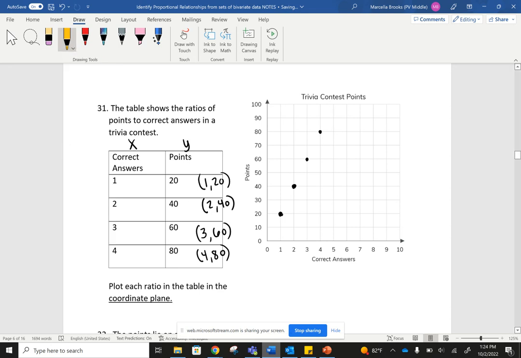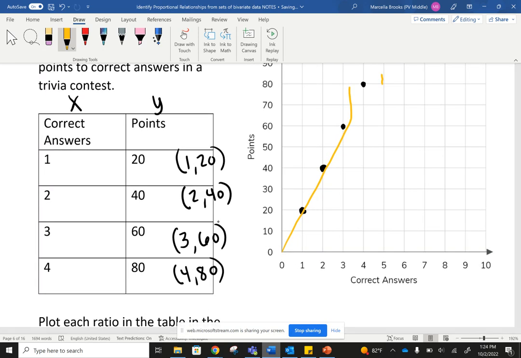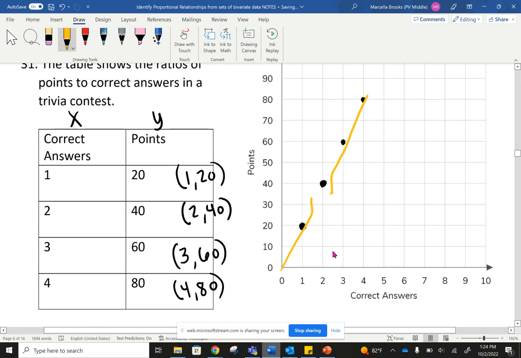So I would recommend using a ruler for this part because otherwise, look, that's what happens. I don't know how to use a ruler on this, so you guys should use a ruler. Okay, it's not going to let me do a straight line, but you guys can do a straight line. Please draw a straight line through those points.